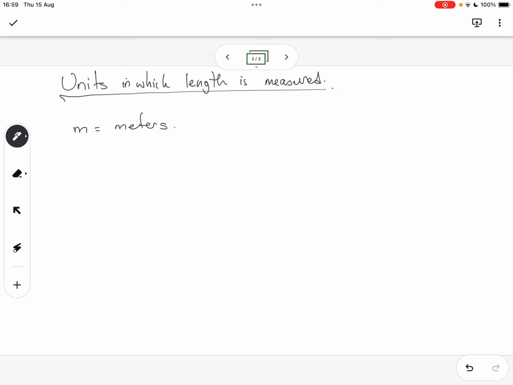All right. So the base unit for measuring length, the dimension of length, is meter, right?